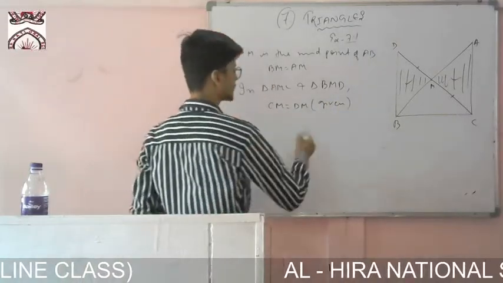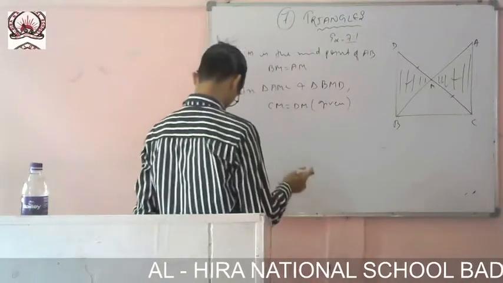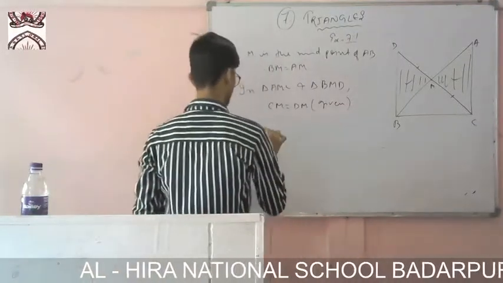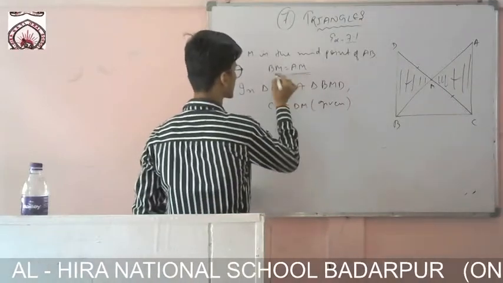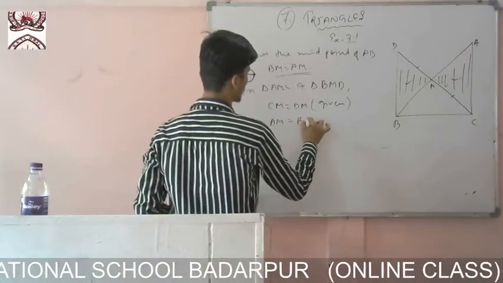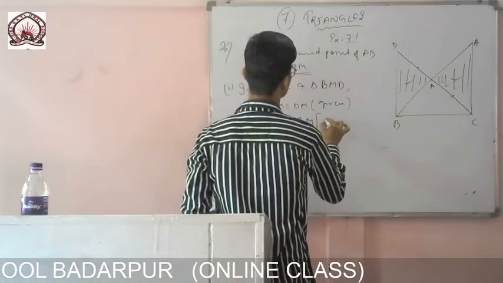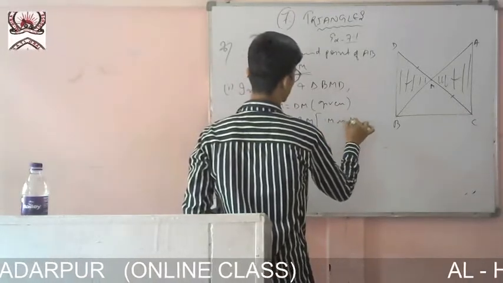Then AM is equal to BM, as we just proved, since M is the midpoint.